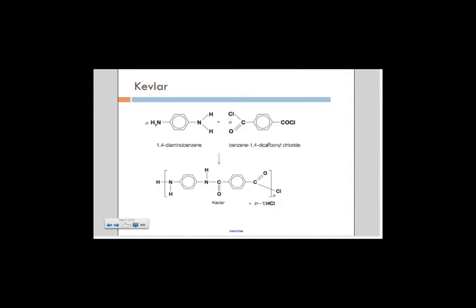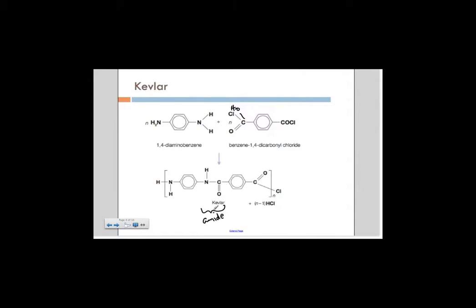So here, first of all, let's show how you make it. So we're reacting an amine, and here they're showing this carbonyl chloride compound. Please understand you can also make it from, like if this were an OH group here, a carboxylic acid. So we're forming this amide group here.